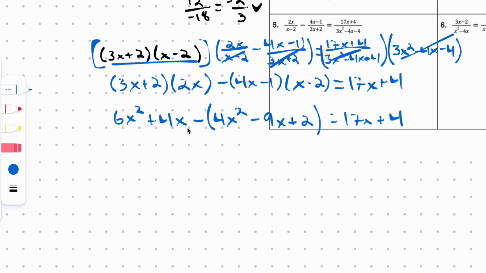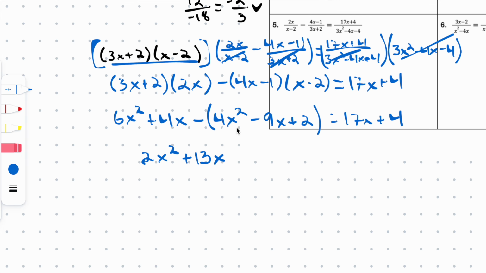So now I'm going to try to simplify and combine like terms. 6x squared minus 4x squared is going to be 2x squared. And then we have 4x minus negative 9x, which is plus 9x. So 4x plus 9x is going to be plus 13x.